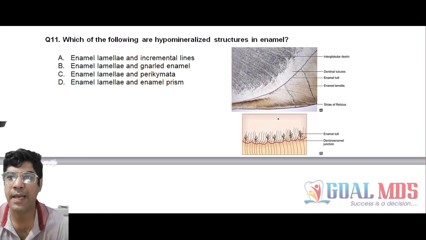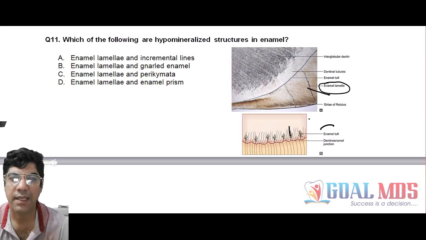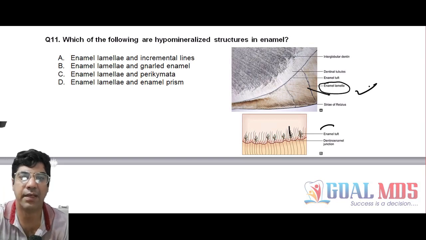So enamel lamellae are thin, leaf-like defects or cracks that extend partially into the enamel. They can be considered a form of enamel hypoplasia and are associated with localized enamel defects.